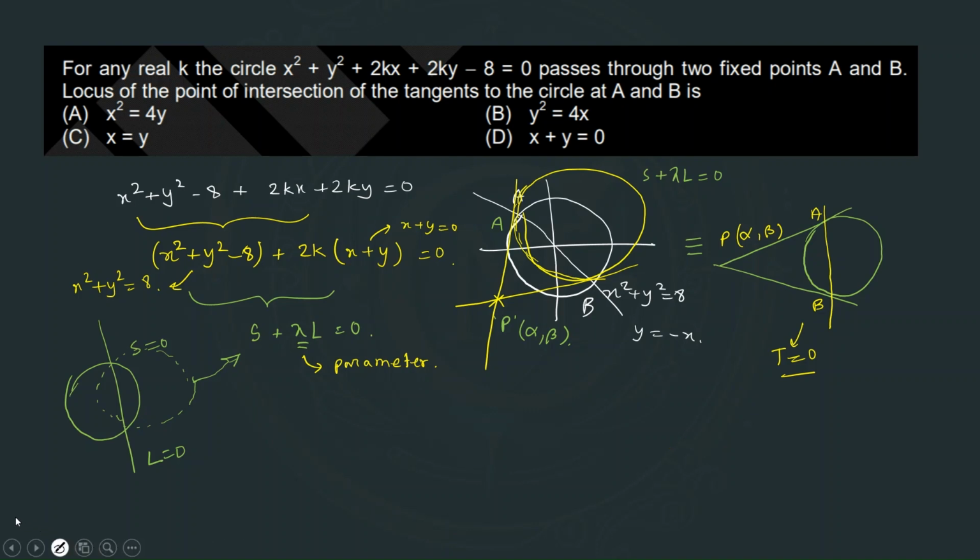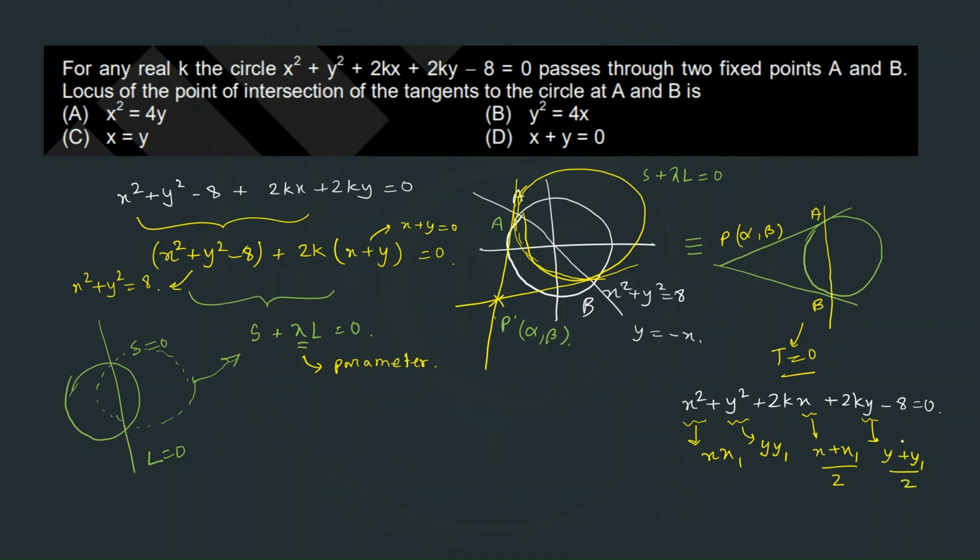What is T equal to 0? So basically the equation of this circle is x square plus y square plus 2kx plus 2ky minus 8 equal to 0. So we replace x square with x x1 and y square with y y1, then x with (x plus x1) divided by 2, y with (y plus y1) divided by 2, and leave the constants as they are.